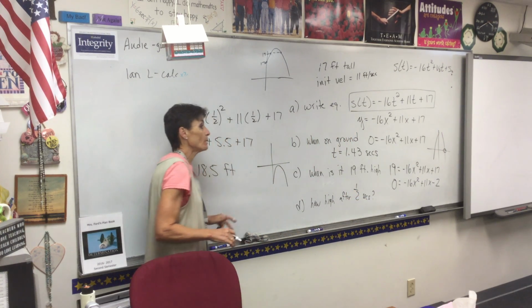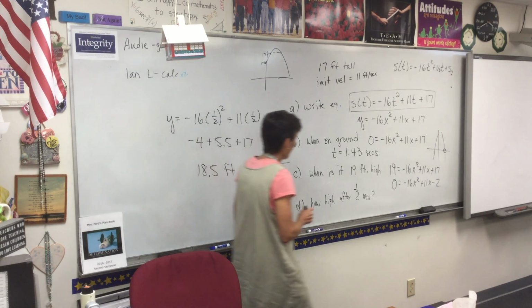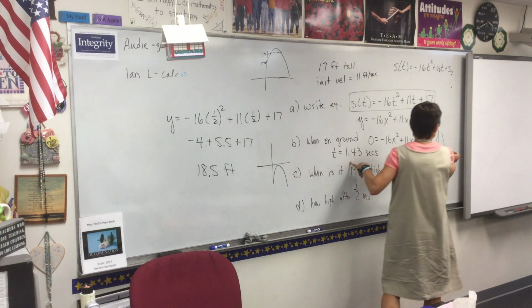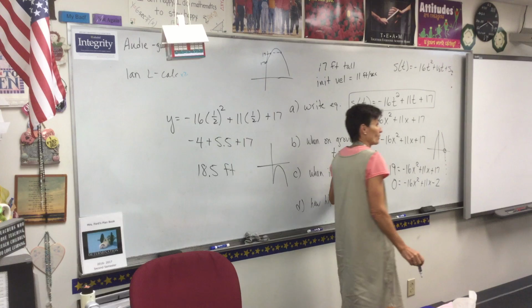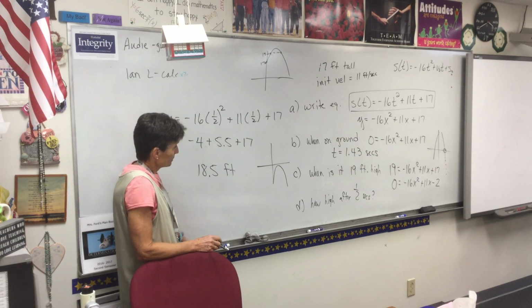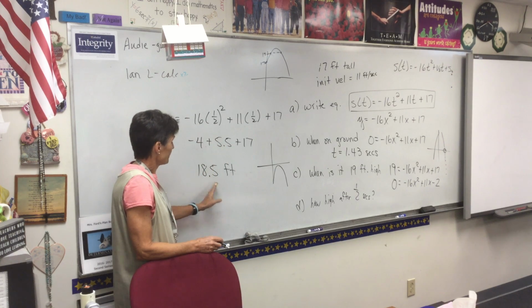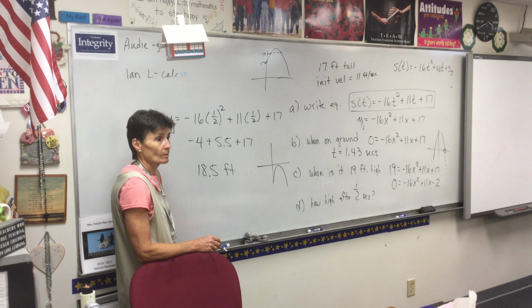If you plug 2 in, you get a negative number, because remember, the ball hit the ground after 1.4 seconds. So after that, it's still laying on the ground. But 1/2 worked out okay. It's 18 1/2 feet tall. Okay? Maddie, you paying attention?